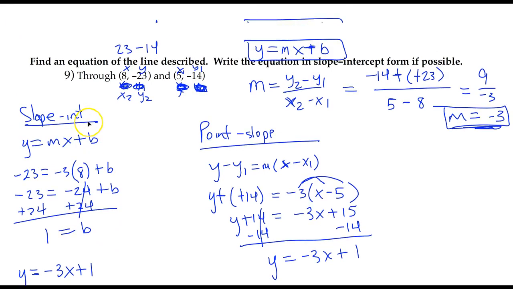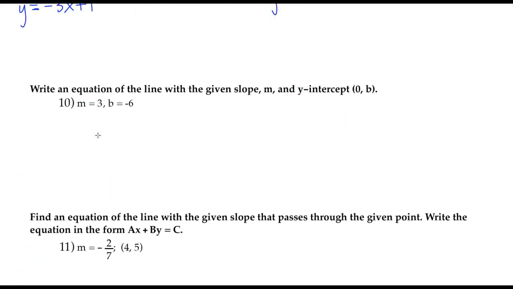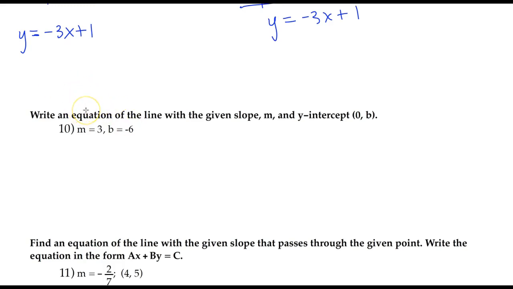All right, so moving on to number 10. This problem is much, much easier than the one that we did above. The reason for that is we can find an equation of a line given the slope and y-intercept. Here, we know that the slope-intercept form basically asks for that information: what is the slope, what is the y-intercept.